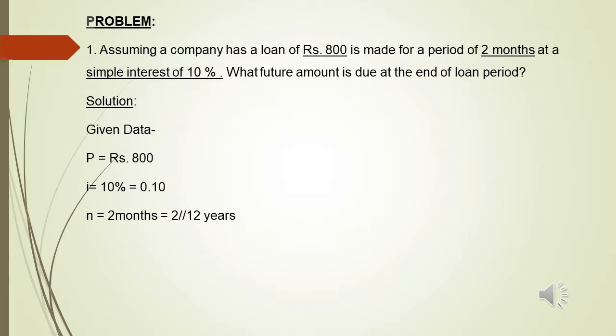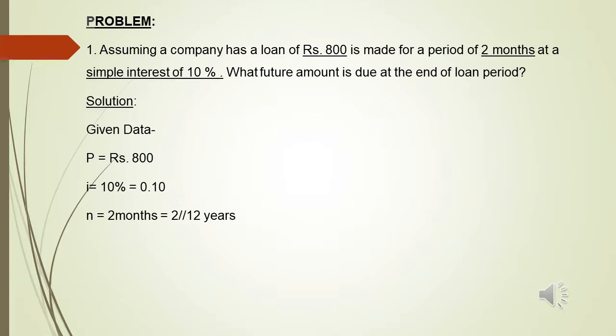Here is a problem based on simple interest. This is the question they have given. Assuming a company has a loan of rupees 800, that is P is 800, made for a period of 2 months, so time N is 2 months.